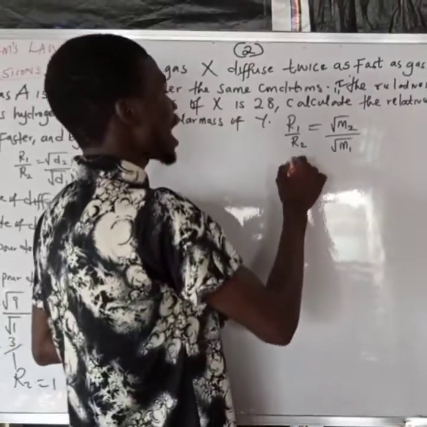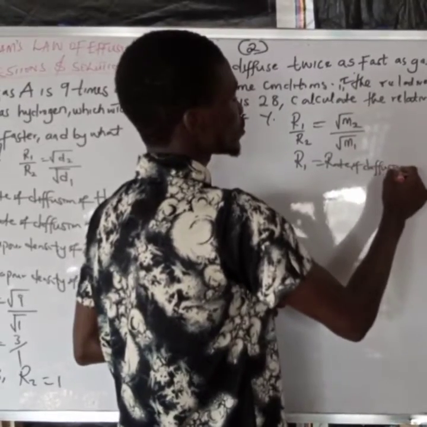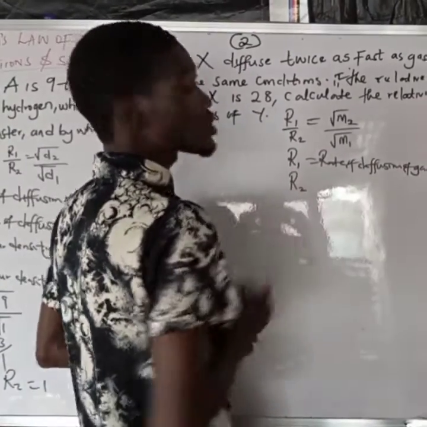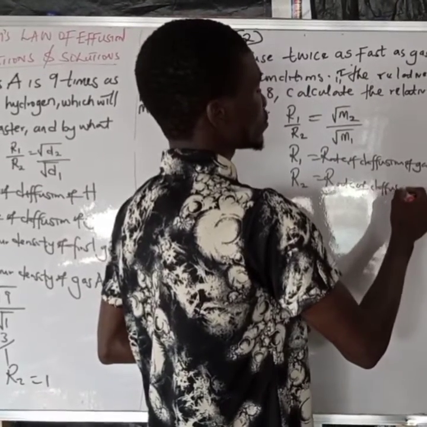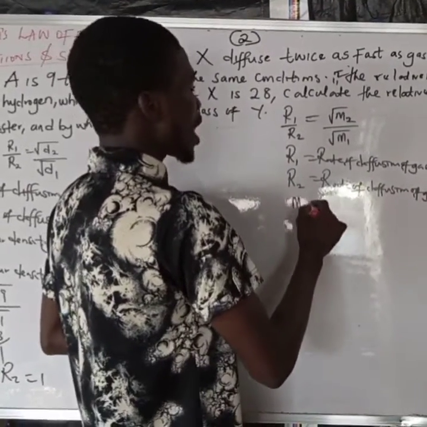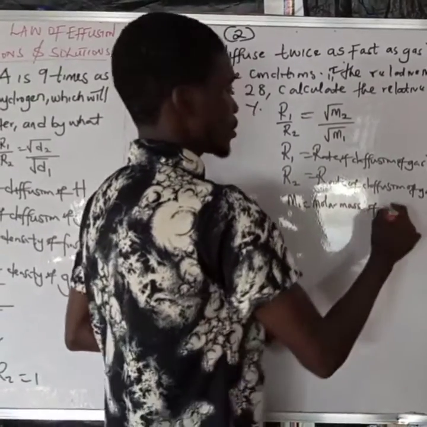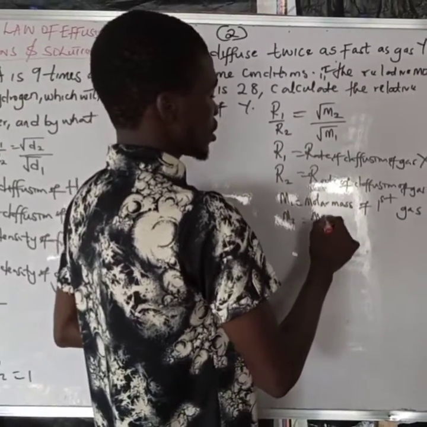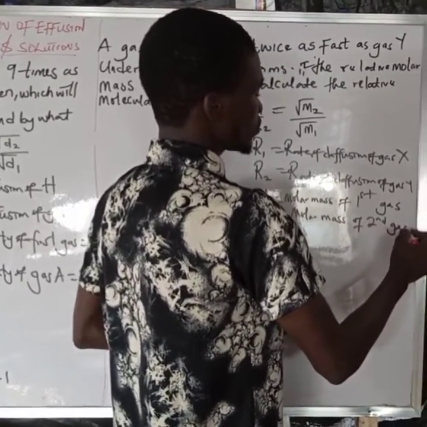First and foremost, R1 is the rate of diffusion of gas X. R2 is the rate of diffusion of gas Y. Our M1 is the molar mass of first gas, and M2 is the molar mass of second gas.